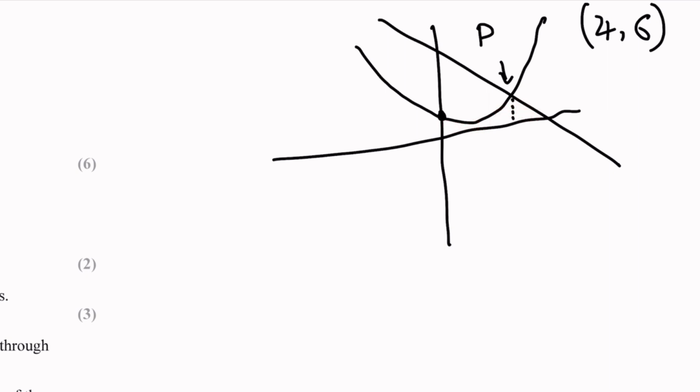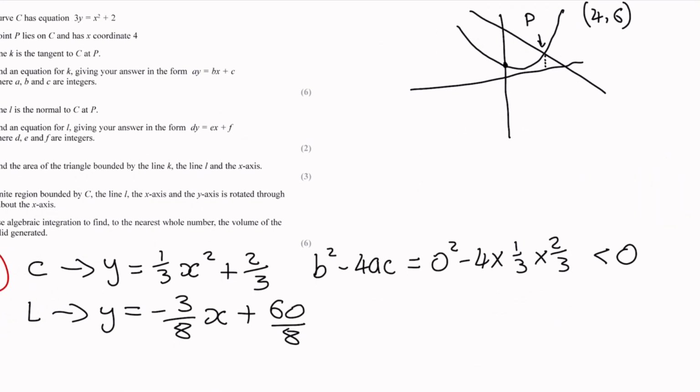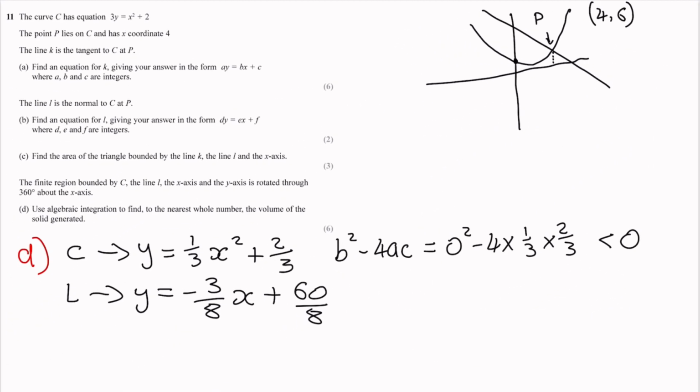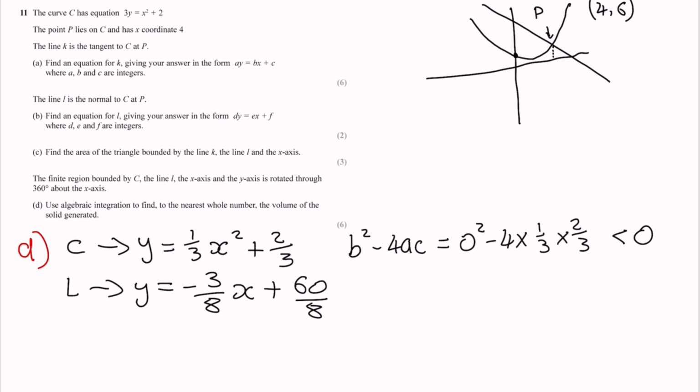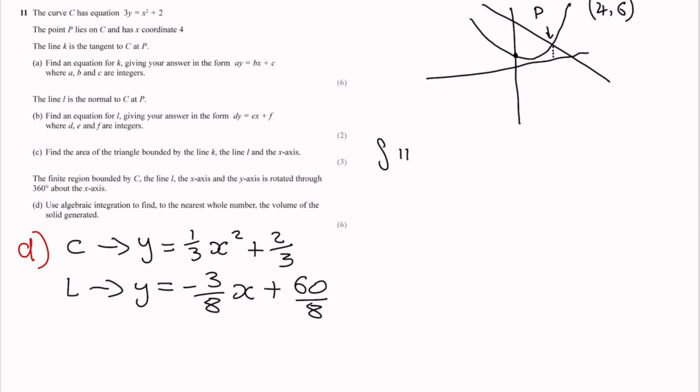So what we're going to need to do is the area under the curve rotated. If I just remove this, we're going to need to integrate pi y squared between 0, so this part here, x is 0, and here.